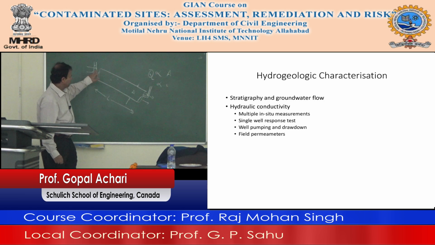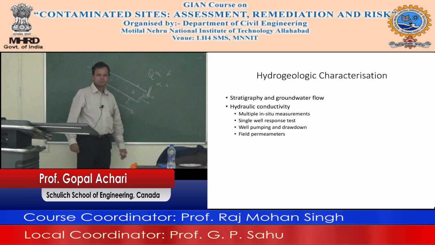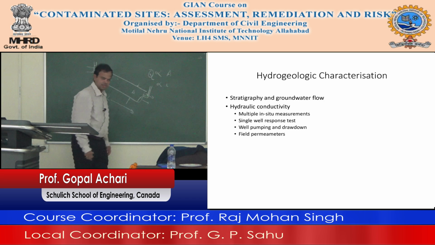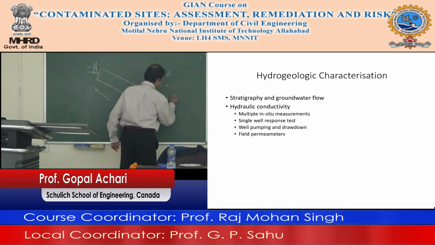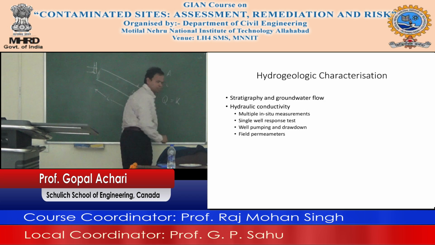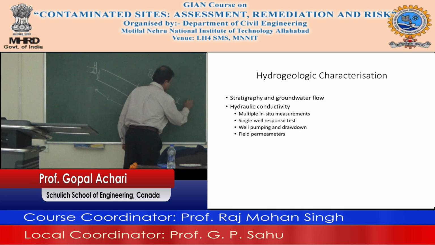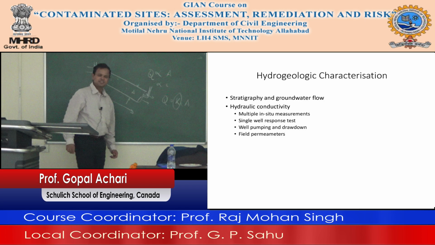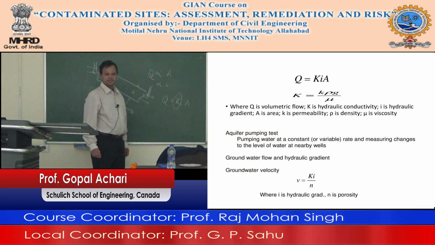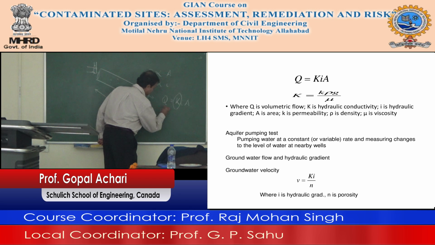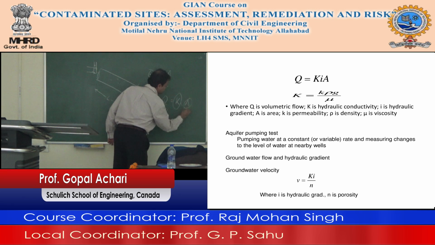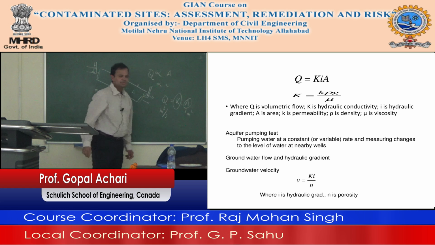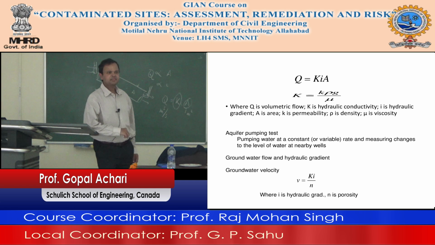So Darcy found this proportionality, Q is proportional to IA, and in order to make it useful, he came up with this equation, because Q is equal to K, which is a proportionality constant, times IA. This K is your hydraulic conductivity. It just happens to have the same unit as meters per second, because Q is meter cube per second and A is meter square. So its unit happens to be the same as meter per second. It is not a representation of velocity of anything.